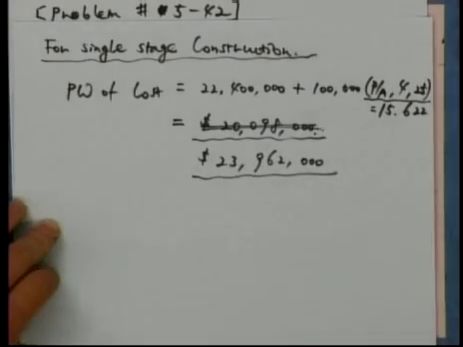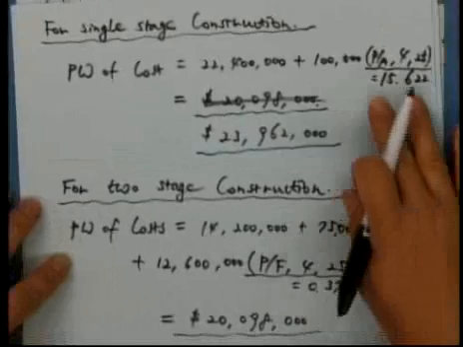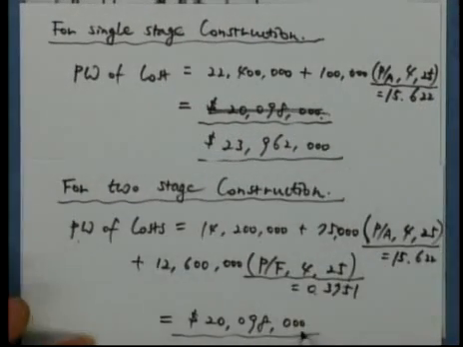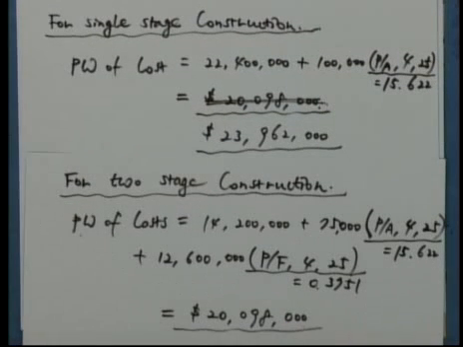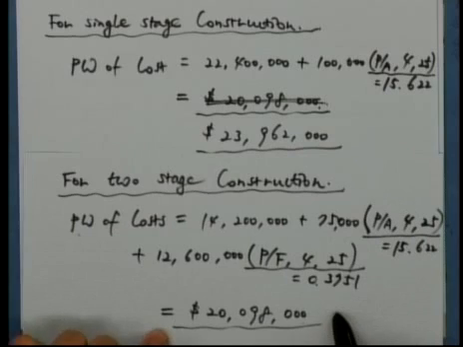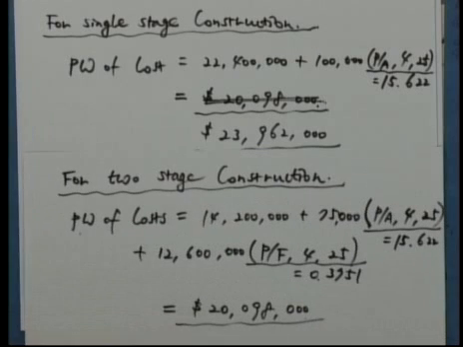Okay? Sorry. So if you compare these two values, one for the single stage construction, another for two stage construction, you will notice that we need to choose two-stage construction because it provides the smaller amount of cost values. So you got to go with the two-stage construction option.